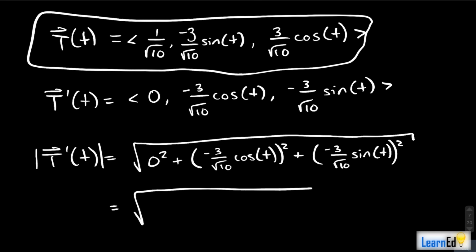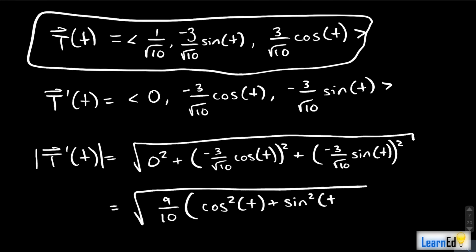This is now equal to, well, we can pull out the 9 over 10, and we'll have cosine squared t plus sine squared t on the inside. So we get that the magnitude is equal to 3 over rad 10. Okay, so that's the magnitude.